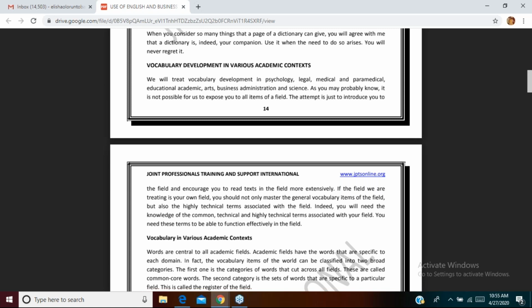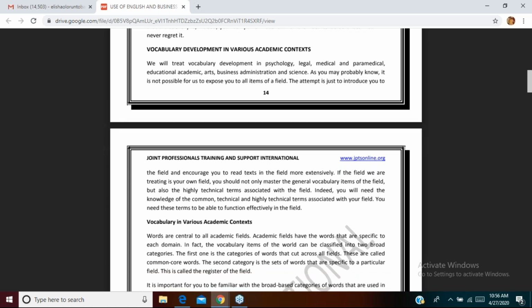Words used in the medical field are not the same as those in the legal field. And in the educational sector, we also have our own words. You need to be familiar with all of these.